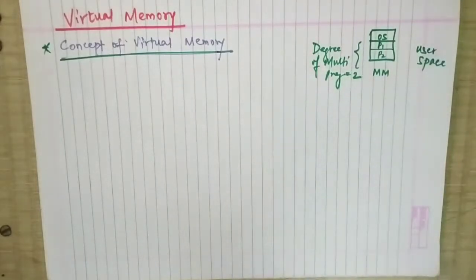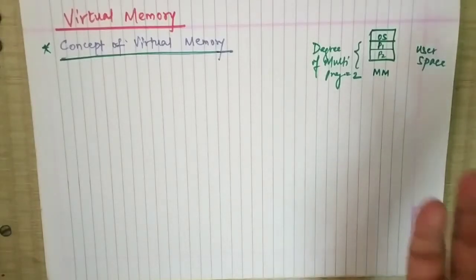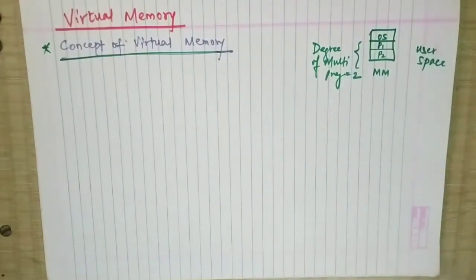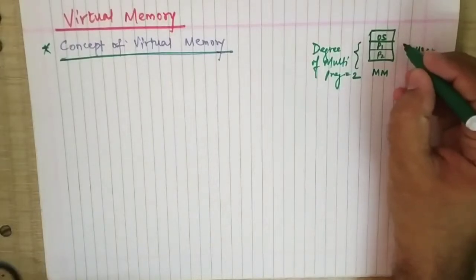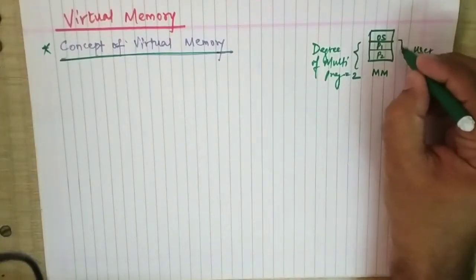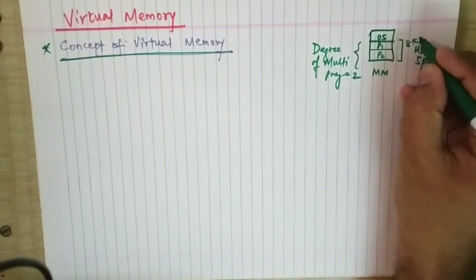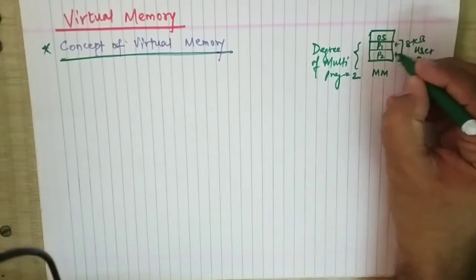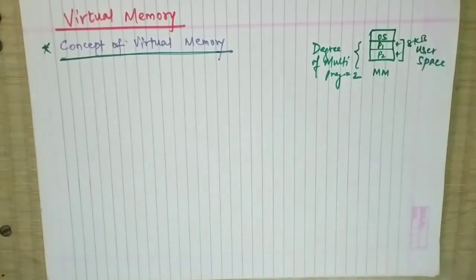If we want to increase the degree of multi-programming, we don't have any option, because we have only that much space. For example, we had a total of 8 KB of space, and we gave 4 and 4. This was the distribution we had done, so the degree of multi-programming was equal to 2.